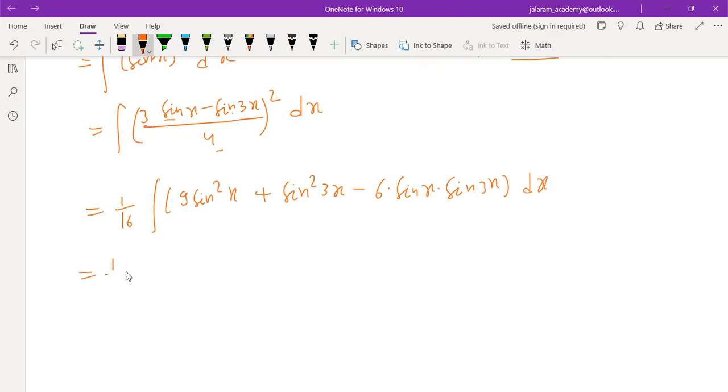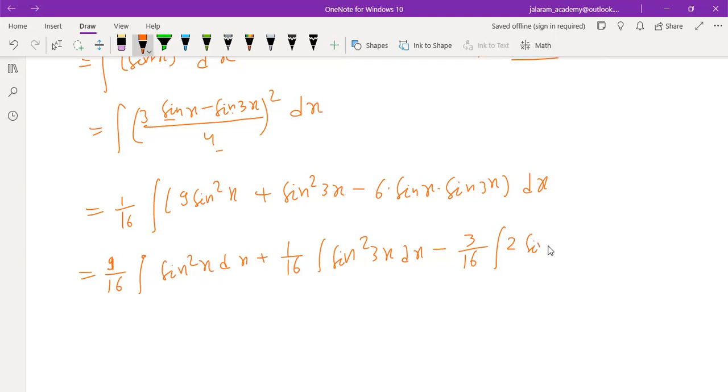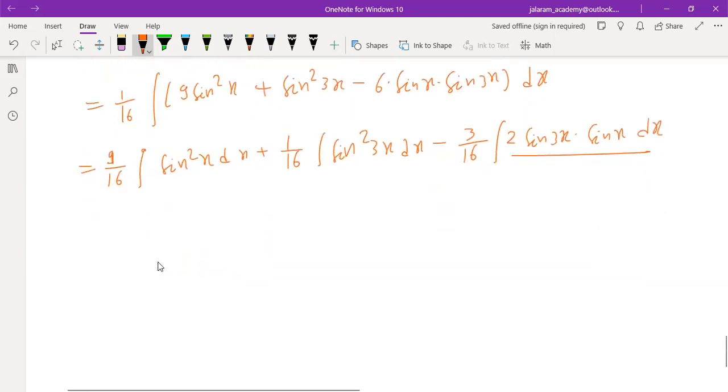Okay, so 1 by 16, separate them, 9 by 16 into integration of sine square x dx plus 1 by 16 into integration of sine square 3x dx minus 3 by 16 into, why 3 by 16 when it is 6 by 16? This is because we will write this 2 with sine 3x into sine x dx, so that we can use the formula 2 sine a sine b. Do you know the formula of 2 sine a sine b?